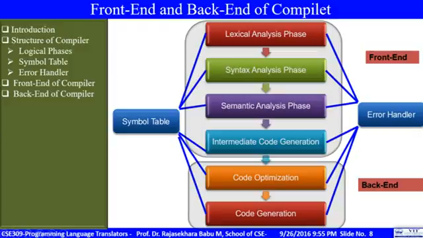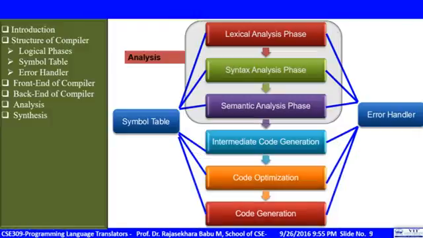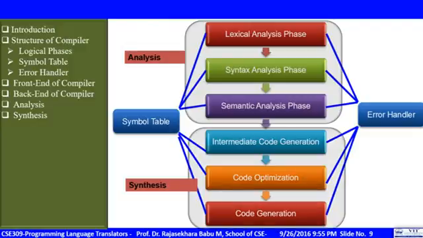Code optimization and code generation use the data from the symbol table. So this is about the front end and back end. And then the analysis phase and synthesis phase. The first 3 phases we call the analysis phase, the last 3 phases we call the synthesis phase. So the entire compiler is divided into the analysis phase and the synthesis phase.